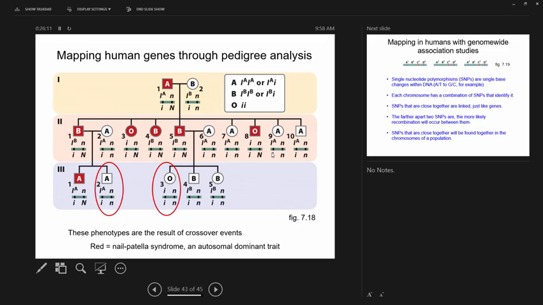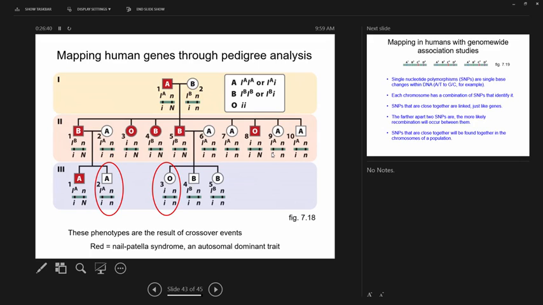With the human genome being sequenced, as long as you get somewhat close, you can sequence the area of the genome around the linked gene, which in this case is blood type, and try to find a difference in DNA sequence between people who have Nail-Patella syndrome and people who don't. And in that way you can actually get the gene.